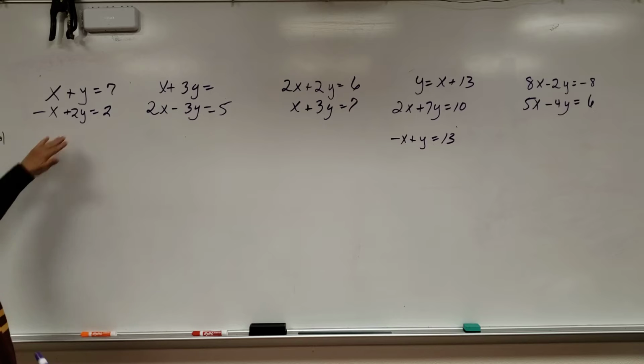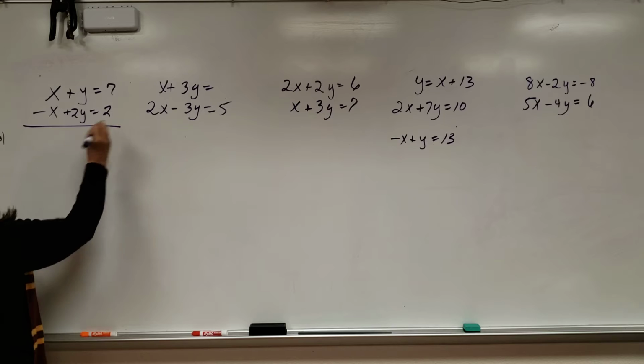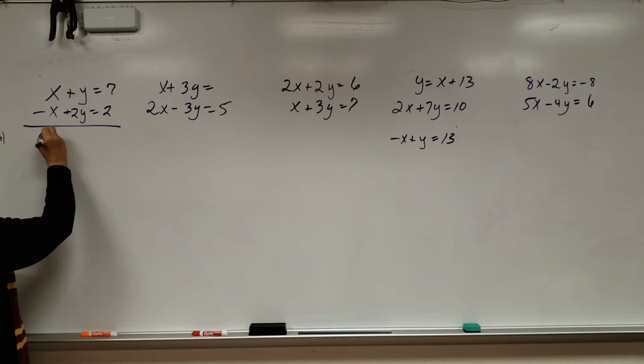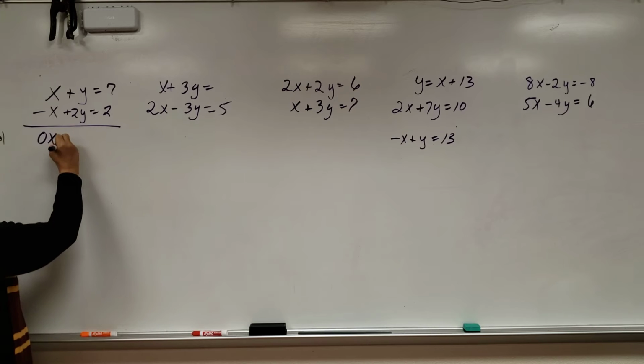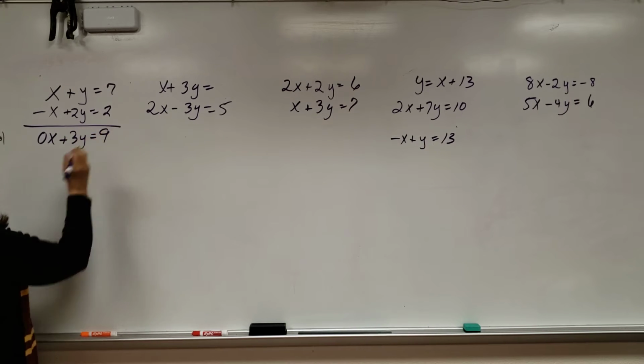All right, so let's look at the first system. I have x plus y equals 7 and negative x plus 2y equals 2. When I add these two together, I get x minus x as 0x, y plus 2y is 3y, and 7 plus 2 equals 9.